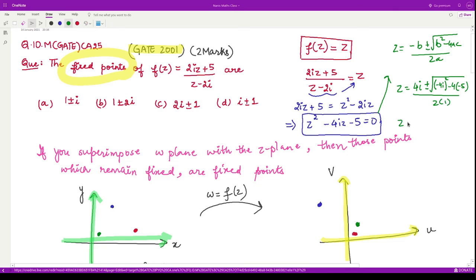When you solve this, you would have terms of the order 2 iota plus minus 1. The fixed points obtained using this expression are 2 iota plus minus iota. Accordingly, option C is the correct option.